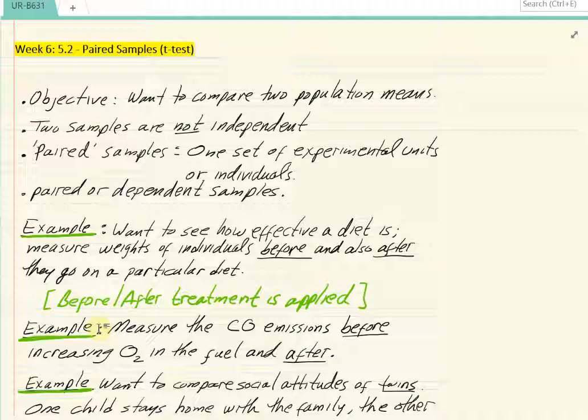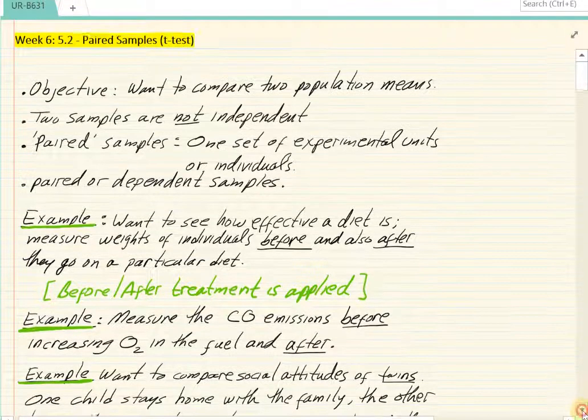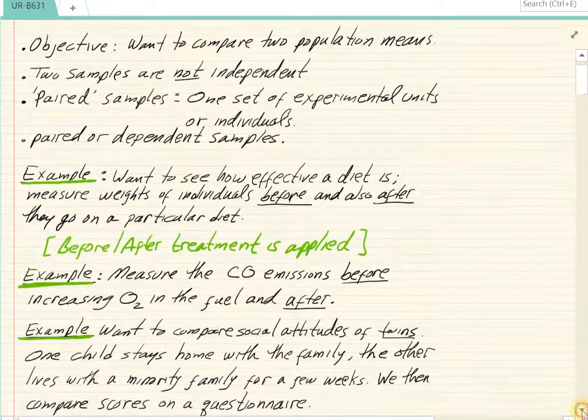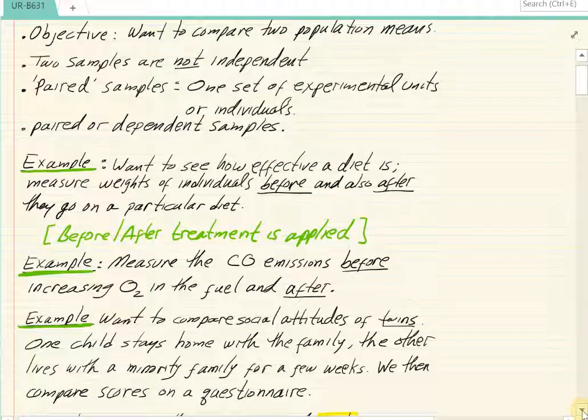Another example, let's say we want to compare the social attitudes of twins. Notice in here that with twins, we actually have two different subjects, but we're going to treat them as one cohort, as one sample. Because especially with identical twins, at least physiologically, identical twins are just that, identical.